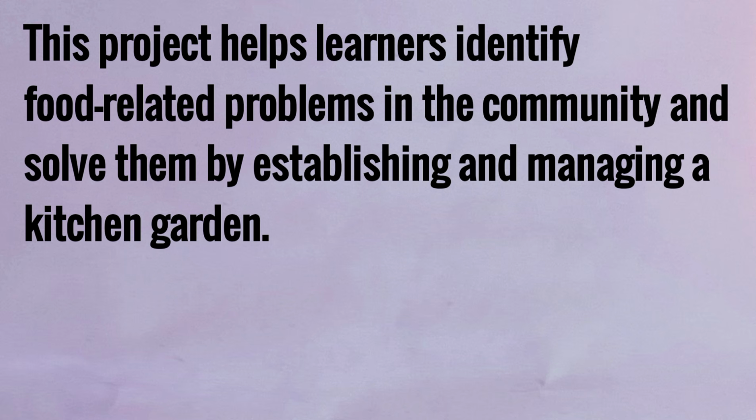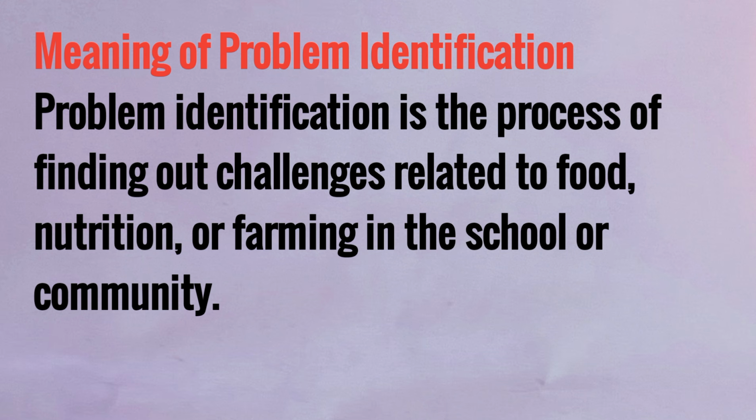Let's start explaining each step one by one, and let's start with problem identification. This is an area that the learners are supposed to participate in. What is problem identification as pertaining to this project? Problem identification is the process of finding out challenges related to food, nutrition, or farming in the school or community.